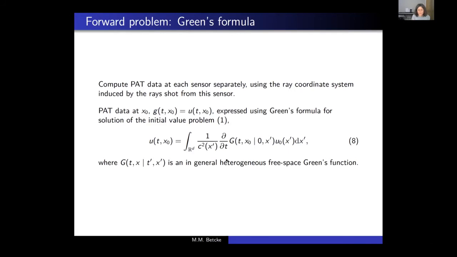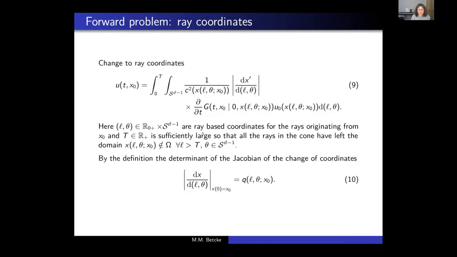So I'm going to take this Green's integral, and I'm going to change the coordinates to this ray-based coordinates that are just introduced at the sensor x0. So this is the change of the coordinates. I just made all the substitutions, and because of the change of coordinates, of course, I have the determinant of the Jacobian coming in, and it is nothing else than the Jacobian that we introduced previously. It's exactly the same Jacobian.